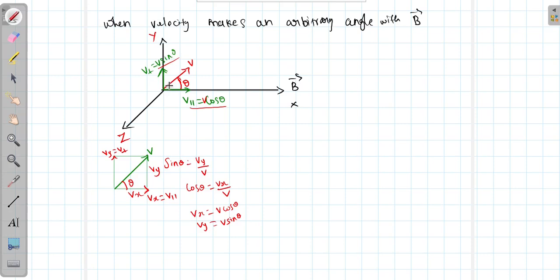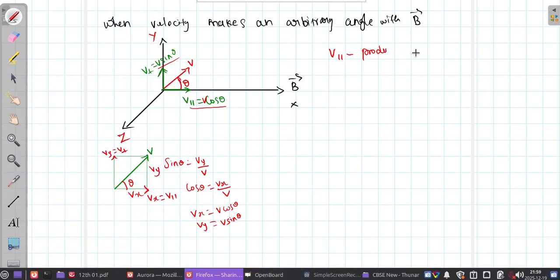Only in a very rare case do they give the angle theta with the vertical axis. So the horizontal component always has the cos theta value and the vertical component has the sin theta value. Now come to the point. Already I told you V parallel produces linear motion.